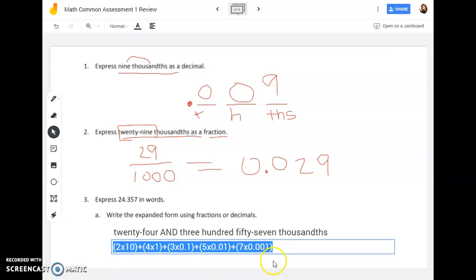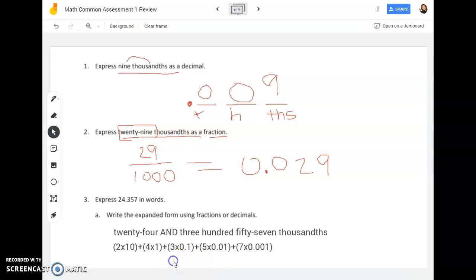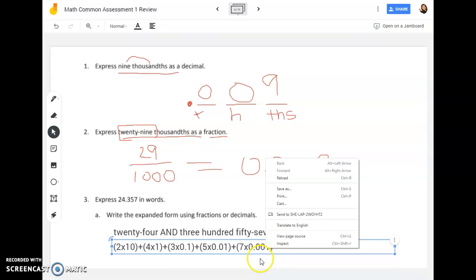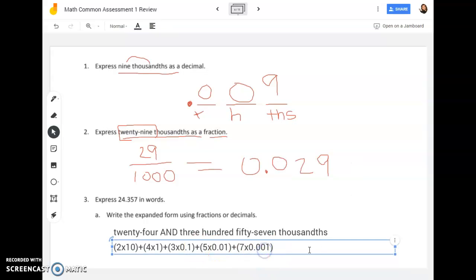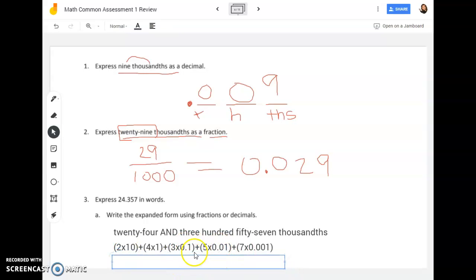If we wanted to do this using fractions, it would be the same, except we would write these tenths, hundredths, and thousandths as fractions.